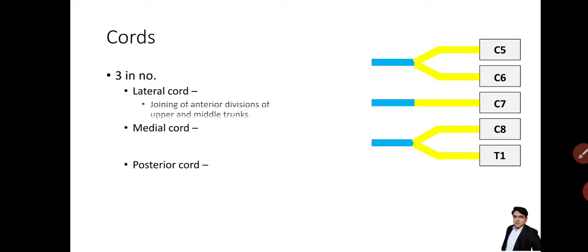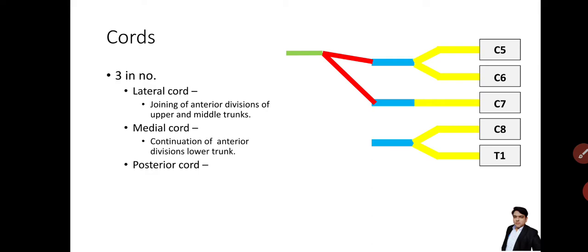The lateral cord is formed by joining of the anterior divisions of upper and middle trunks like this. These are the anterior divisions of upper and middle trunk, and this green one is the lateral cord. The medial cord is formed by just continuation of the anterior division of the lower trunk.